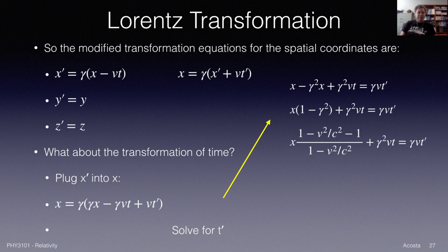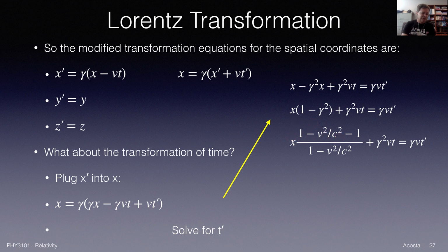Okay, but I want to try to make a relationship for t set equal to t prime. So let's now expand out this piece here. Gamma squared is going to be 1 over 1 minus v squared over c squared. So this denominator equals gamma squared. But if I have a 1 here, then I've got to put the denominator in the numerator. So that's the 1 minus v squared over c squared.